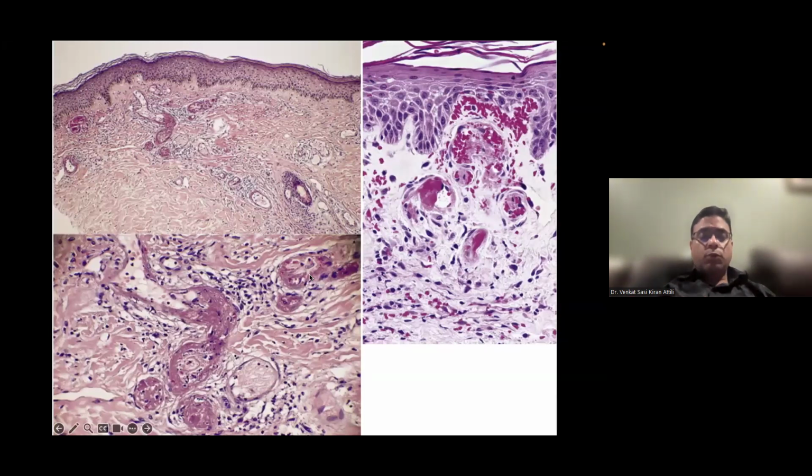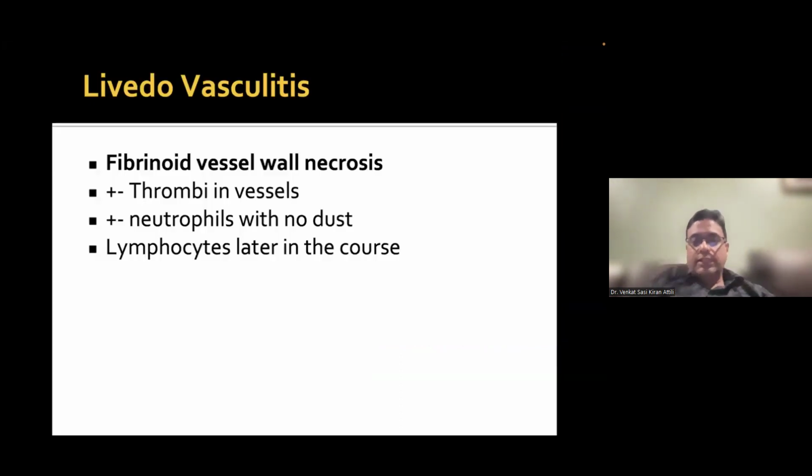There are various theories proposed for the etiopathogenesis of livedovasculopathy, which include local hypercoagulative factors, local defects in anticoagulant factors, etc. I won't go into the details right now, but essentially in livedovasculitis, you see fibrinoid vessel wall necrosis, which is a primary feature, with or without thrombi. You may see neutrophils, but no dust, and lymphocytes later in the course.